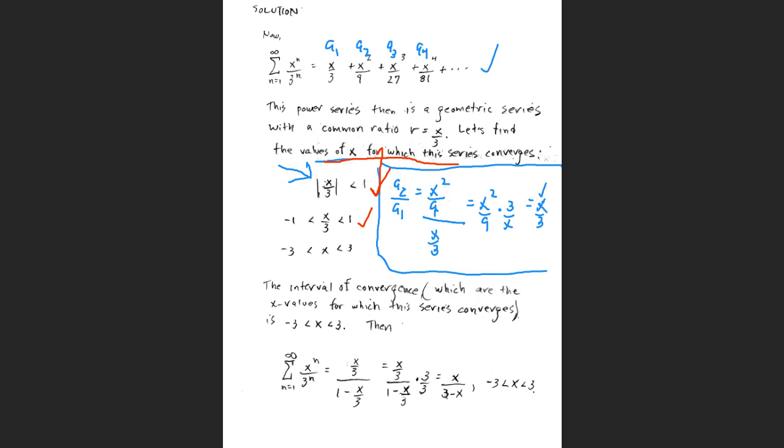Certainly then, we can multiply by 3 through the inequality, and since 3 is a positive number, the inequality signs don't change. This gives us that x is between negative 3 and 3.